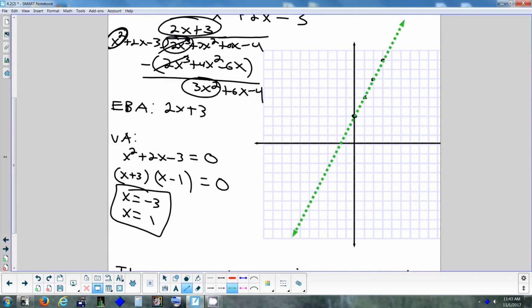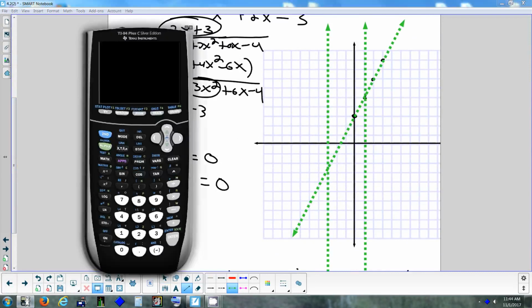Okay, let's put in our verticals, negative 3 and positive 1. So now the rest of the problem is just using your table. Use your table and find some points on each side of the asymptote. And then check one on the edge of your graph. Check negative 10. Check whatever I go up to, positive 8 or 9 or so.